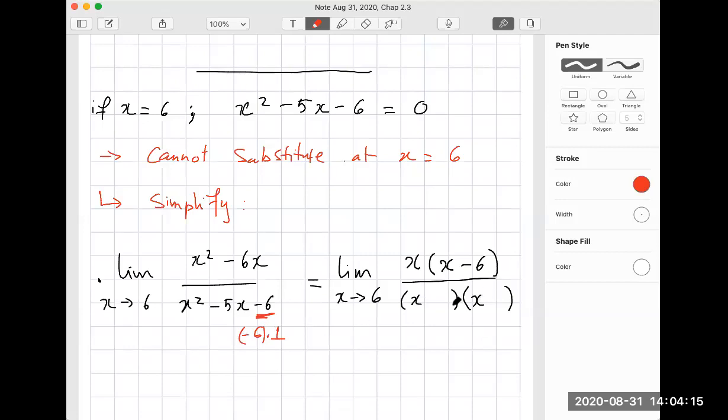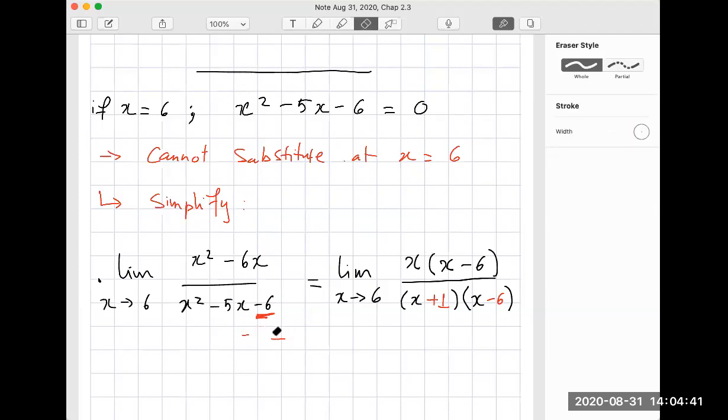So the terms will be 6 and 1, and in this case, it is negative 6 and plus 1. If you don't believe me, just FOIL it. You will see that this is exactly this one, okay?